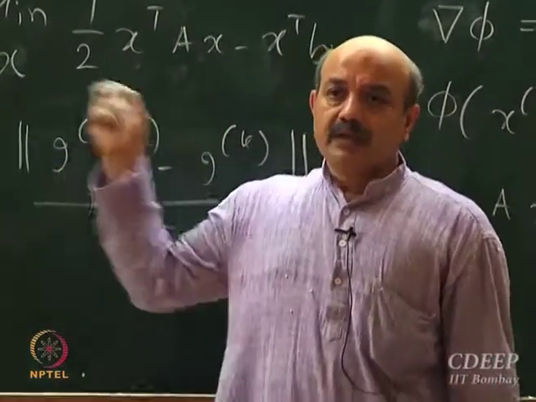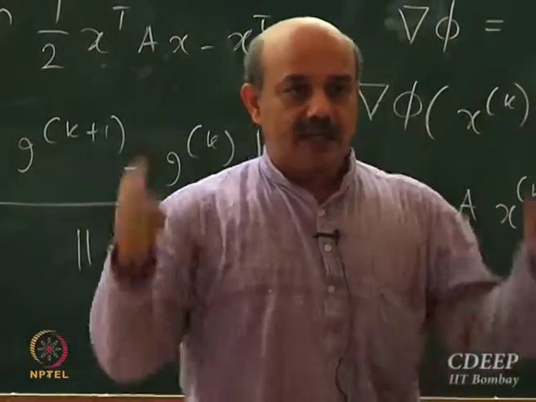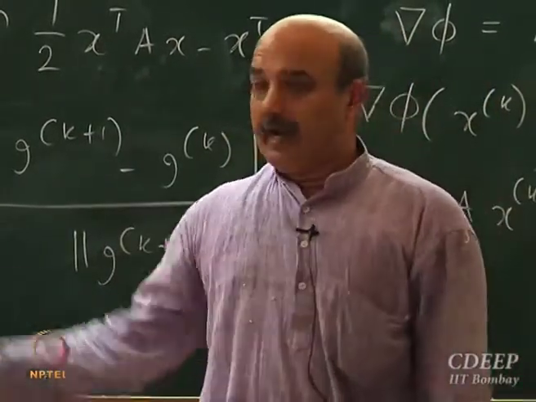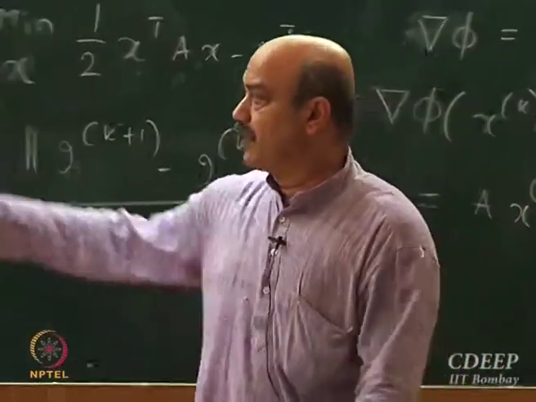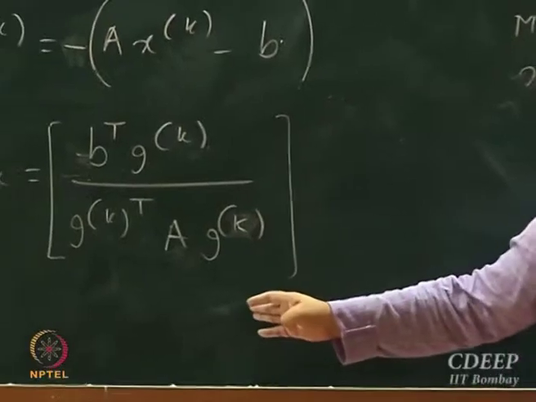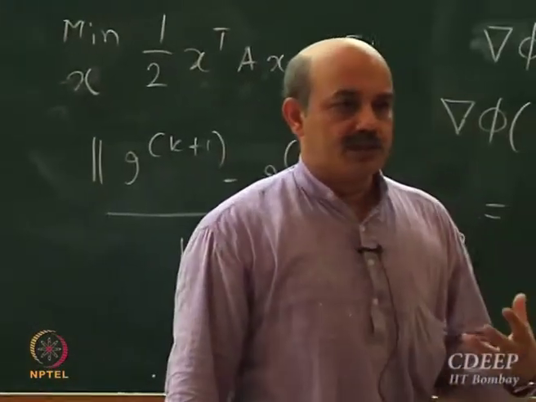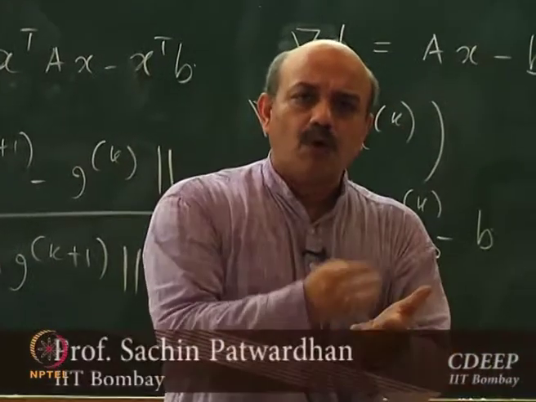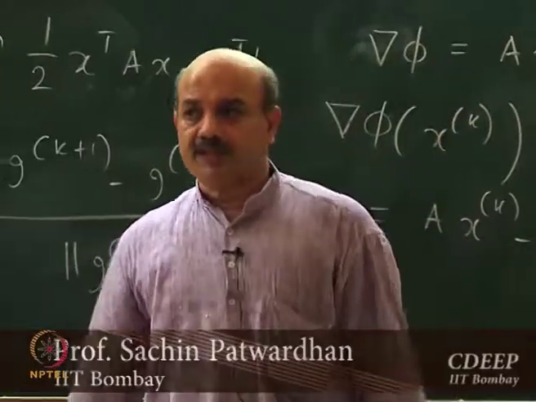So this method is very often used for solving large scale problems, and computations involved are very simple. You just have to compute the gradient direction and inner products, and you can quickly go very close to the true solution using this method.